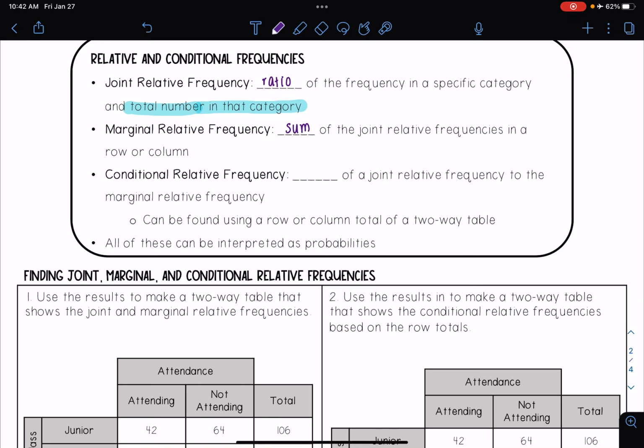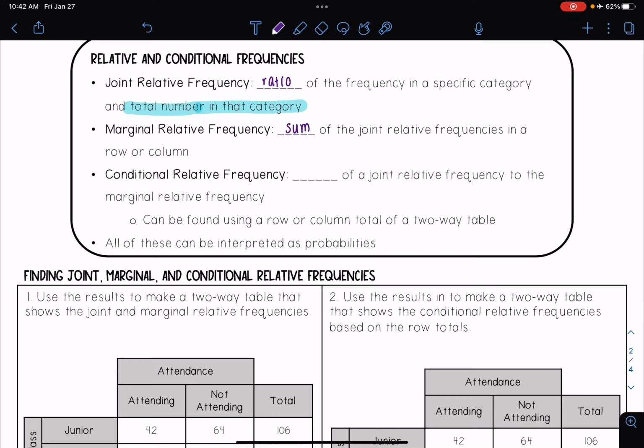So I want to first find the joint relative frequencies. And so I look here, and how I do this is I'm going to go to attending and junior up above here. I see that's 42. And I'm going to divide it by the total number of students. And so that is 220.